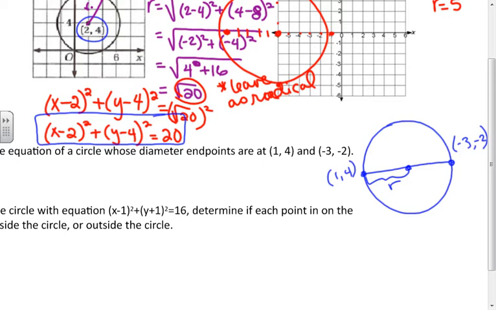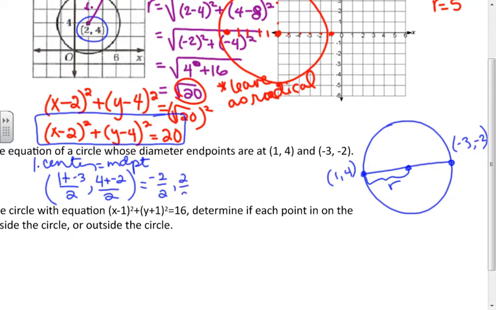One, the center is the midpoint, and we have a formula for that. I can take those endpoints and say 1 plus negative 3 divided by 2, and 4 plus negative 2 divided by 2. I come up with negative 2 over 2 and 2 over 2 for a center of negative 1, 1.